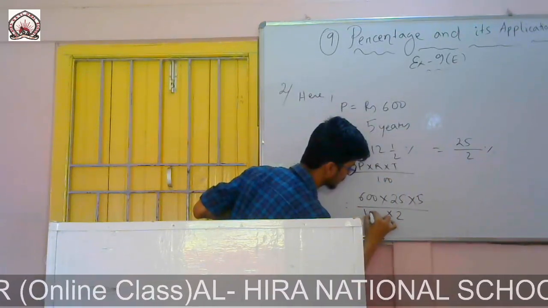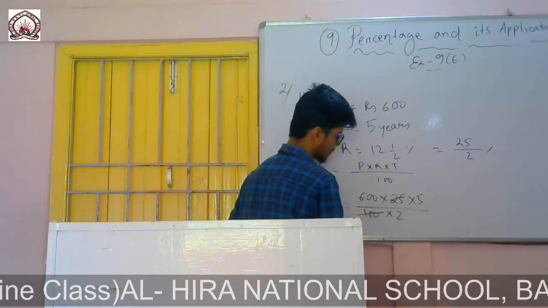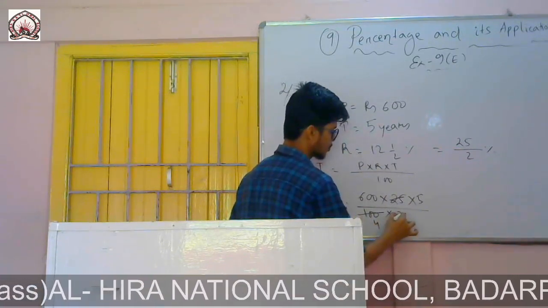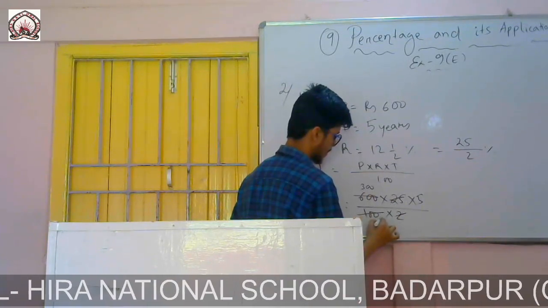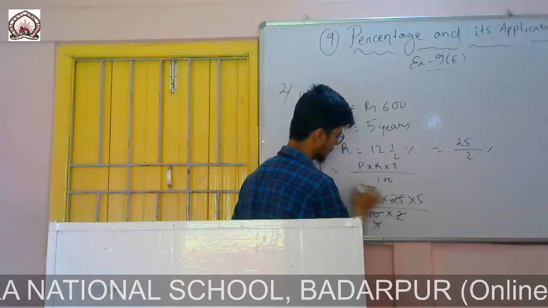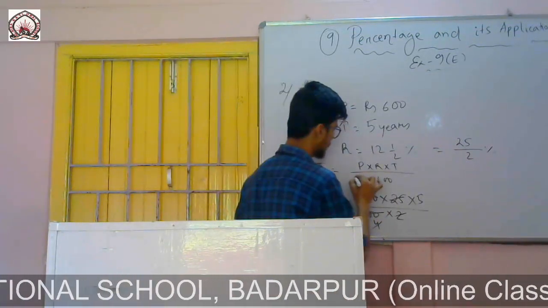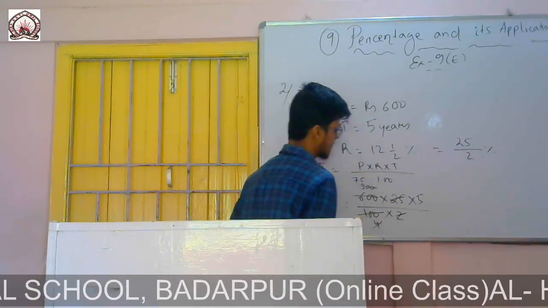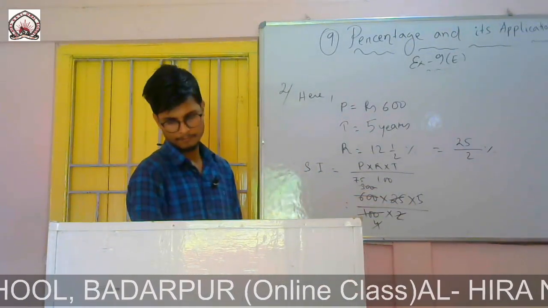So simply multiply and divide by 100. 25 fours are 100, then 2 into 300, and if I cancel with 4, 4 sevens are 28, then 2 left, 24, 5s are 20, 75, and there are 5 left, 75 into 5.